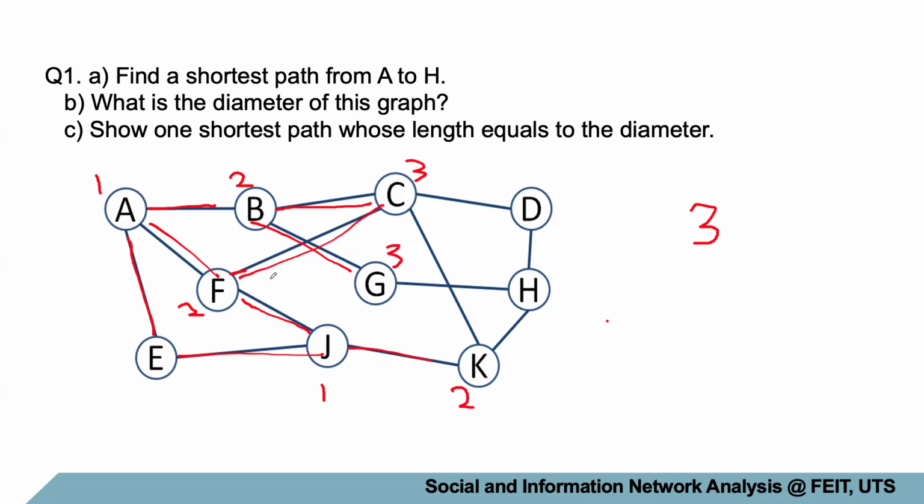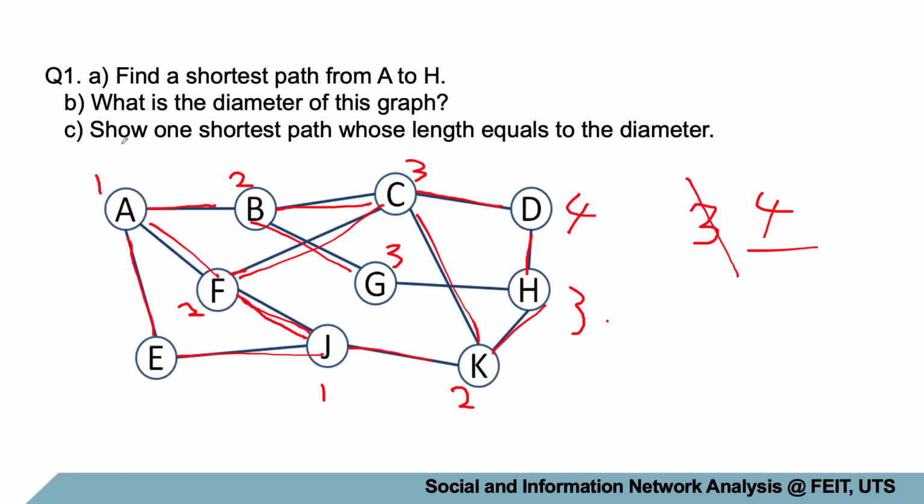From F, we can go to C, F to J. From K, we can also go to C, 3, also H, 3. And from 3, we can go to 4, also 4. So 4 is larger than 3, then we have 4. You can keep listing all the shortest paths until you have the largest number. So in this case, the diameter is 4.